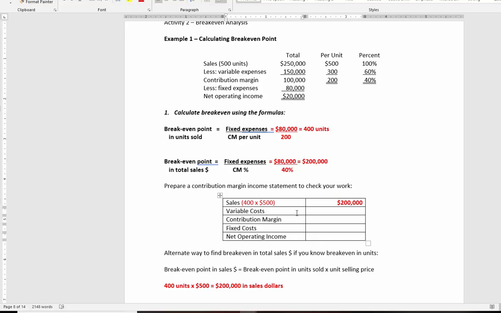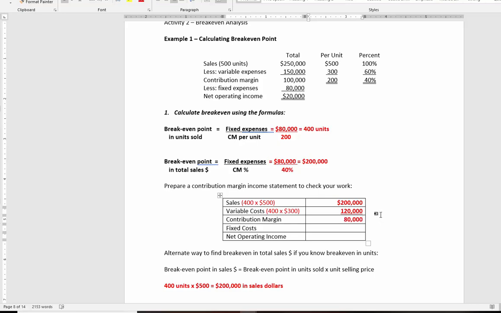So how much will our variable costs be? Well, we're selling 400 units, so they're going to be 400 times our variable cost per unit of $300. Okay? 400 times 300. So our variable costs are going to be $120,000. Subtract your variable costs from your sales, and that gives you contribution margin.